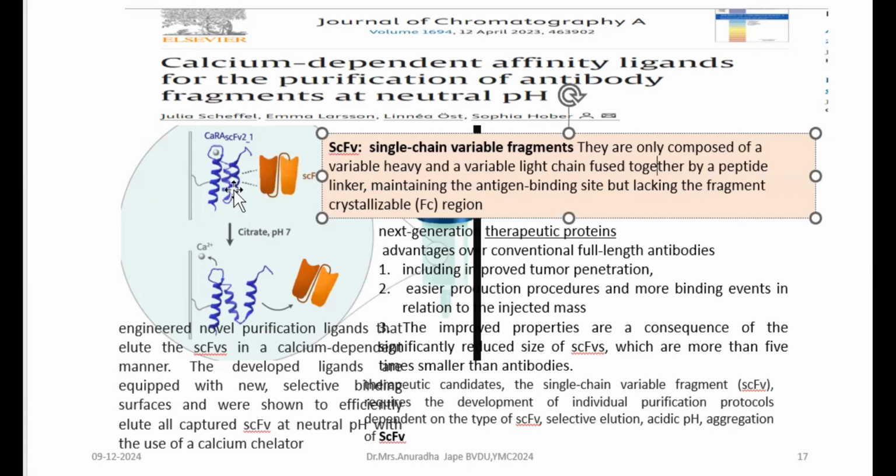Here the buffer that is used is citrate buffer at pH 7. As the pH is changed to neutral, the adsorbed SCFV fraction is getting separated from it. So elution without aggregation of SCFV fragments is happening with a simple modification, that is calcium dependent affinity ligand for purification of antibody fragments, right?